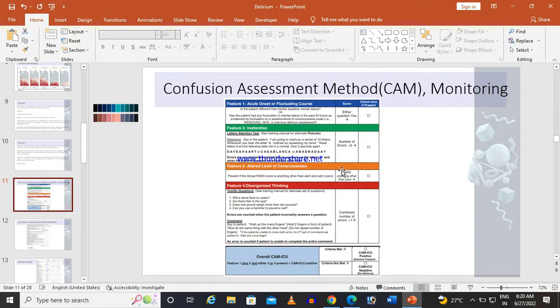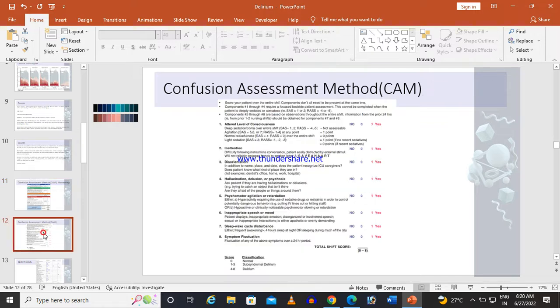See, this is the Confusion Assessment Method, CAM, for how to monitor delirium. It is tabulated with various questionnaires. Using that you can assess the severity of delirium. These are the questions, and based on the response from the patient you can denote it by 0 and 1.